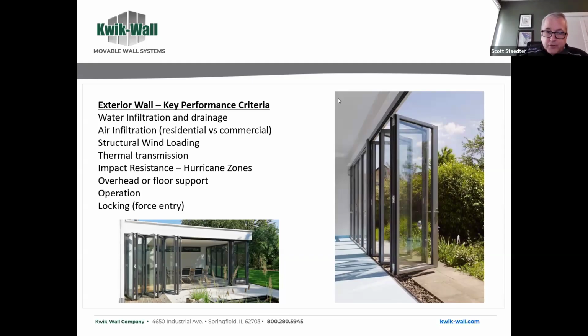You've got overhead and floor support, whether you're going to support these walls from the top or from the bottom, right? You've got to figure out what kind of configuration you want. Do I want multiple panels or hinged panels, or do I want individual panels? So how the operation is, and all this stuff goes into the specification.